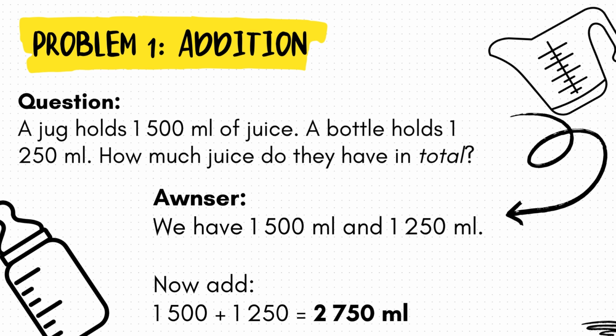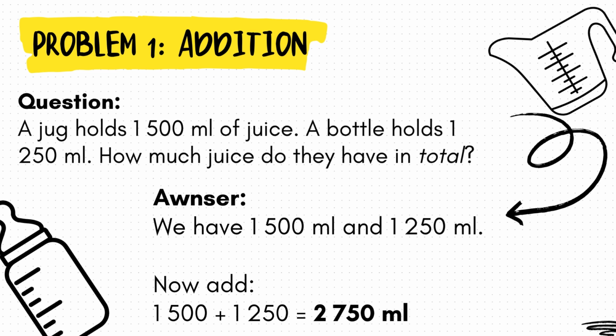So let's solve it together. Our first word problem. We want to know how much juice we have in total. That means we need to add. We have to plus. We have 1500 milliliters and 1250 milliliters.